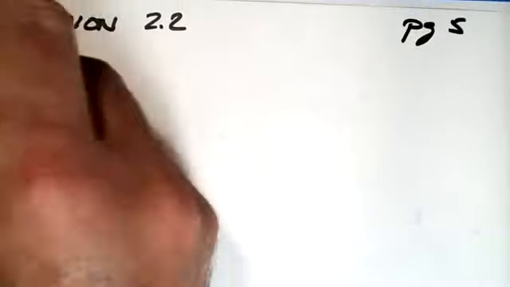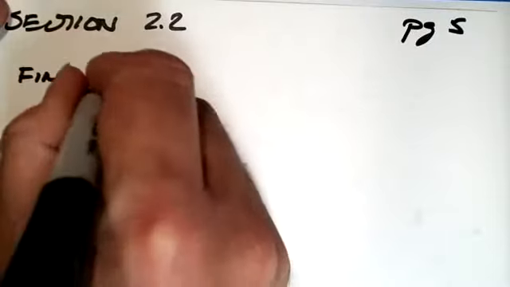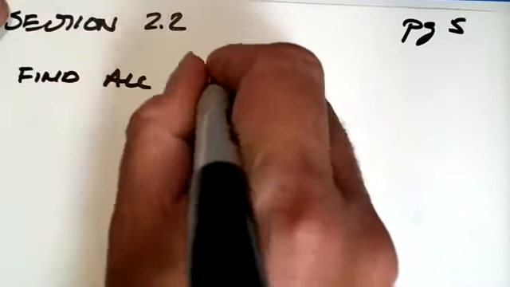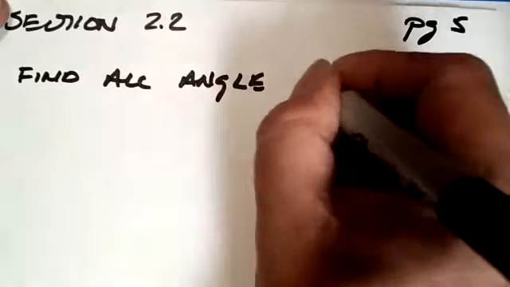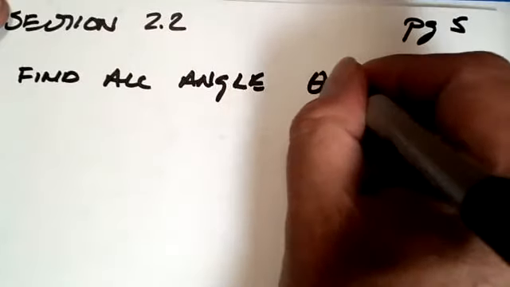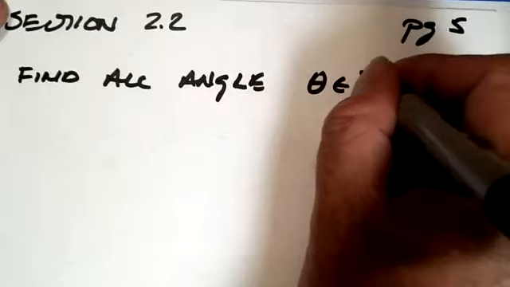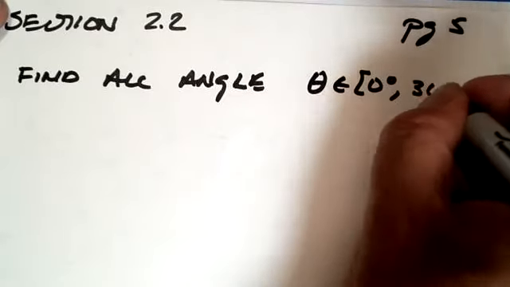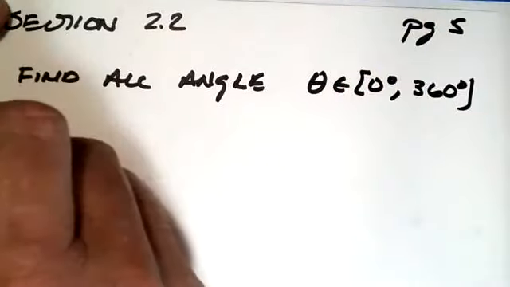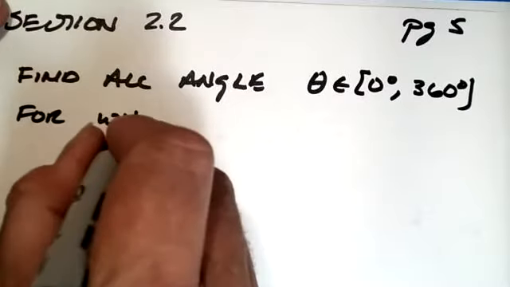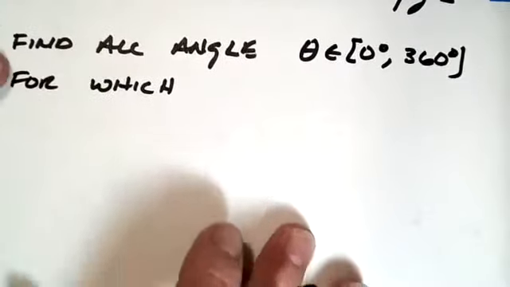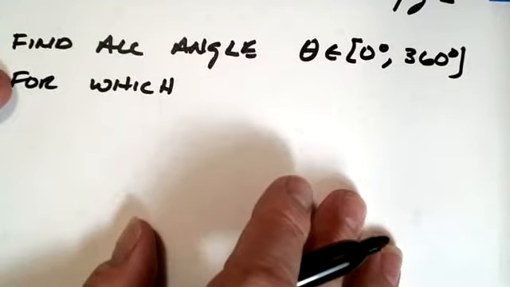Find all angles theta in the range 0 to 360 degrees for which, let's try a couple.